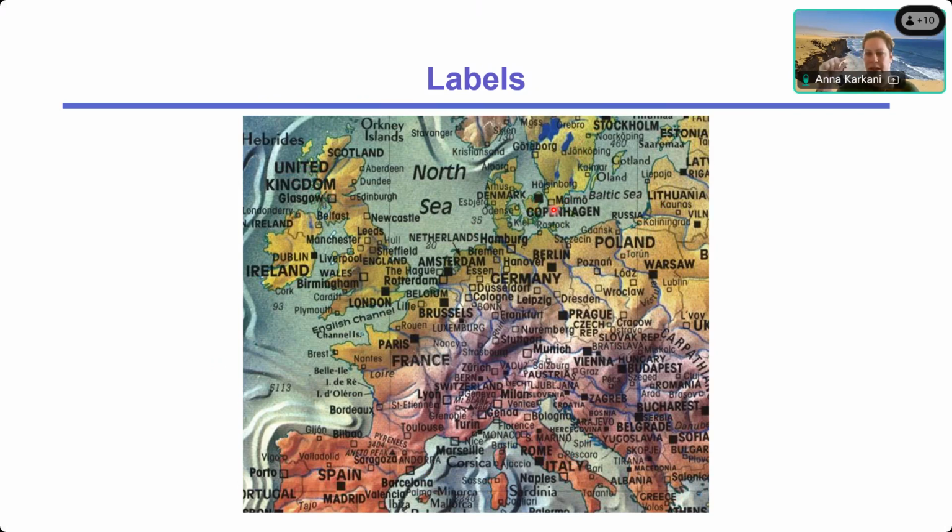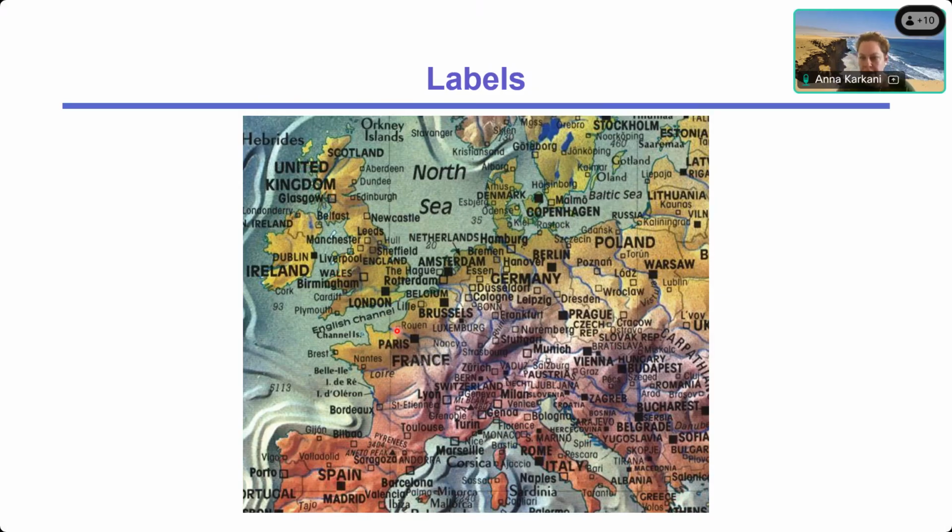You can notice that they have a different lettering and a different symbol for the capitals like Paris, London, Brussels. And then you have some smaller cities, for instance Wales, and in France you have Rouen, which is a smaller city.